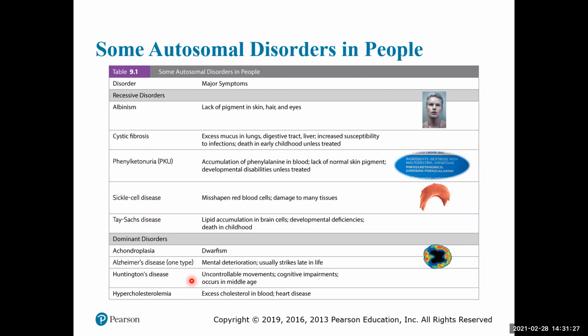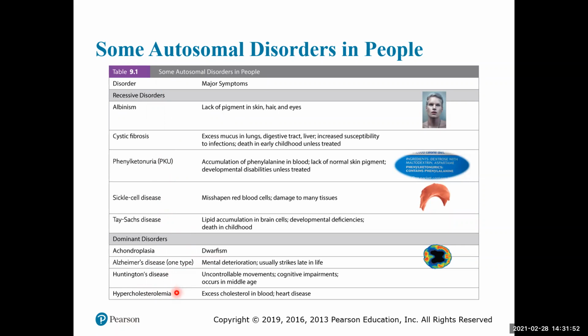And so all of these are really controlled by kind of single gene associations. Some of these are recessive. So like albinism, sickle cell disease, those are recessive disorders, but you also have dominant disorders. So like achondroplasia, which is dwarfism, or Huntington's disease, which is another dominant disorder.